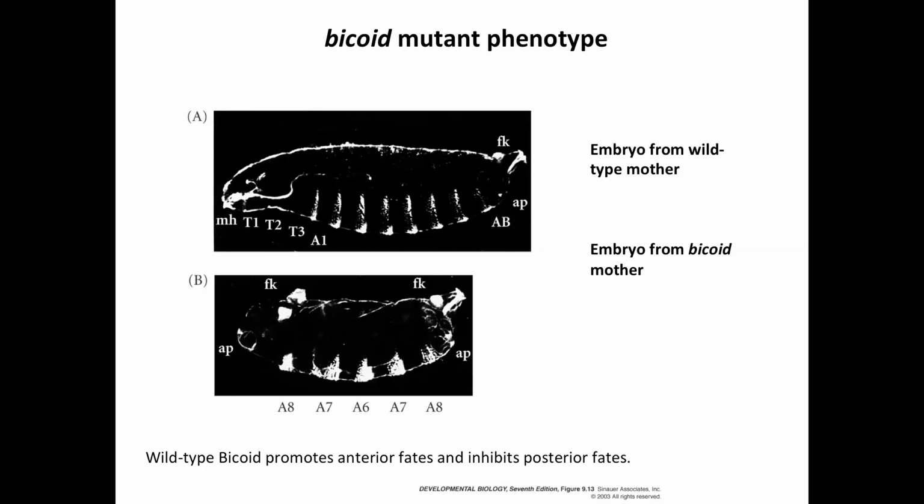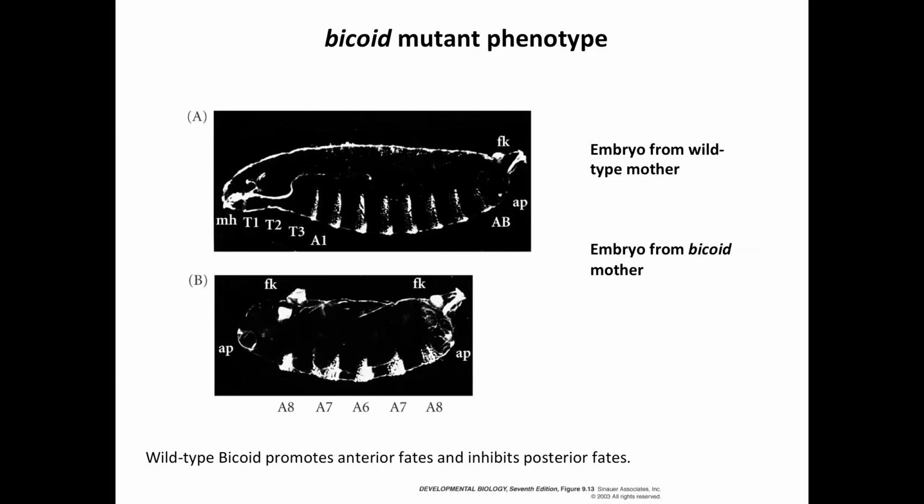I can have an embryo which has normal bicoid. What I mean to say is that since bicoid is laden to the embryo or the oocyte by the mother, to be able to understand how bicoid controls development, we need embryos coming from a bicoid mutant mother.